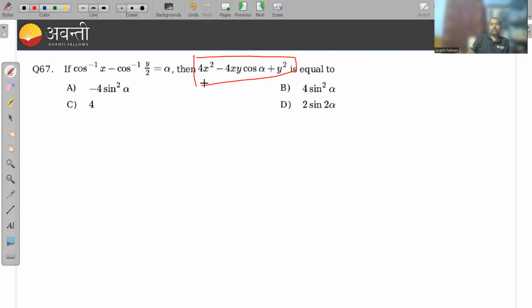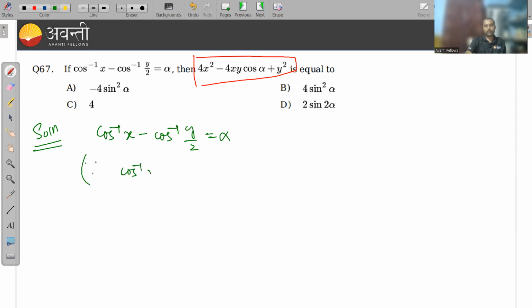Okay. Now, let's see how to solve this question. It is given in the question cos inverse of x minus cos inverse of y by 2, which is given as alpha. Now we know one formula, formula क्या है?